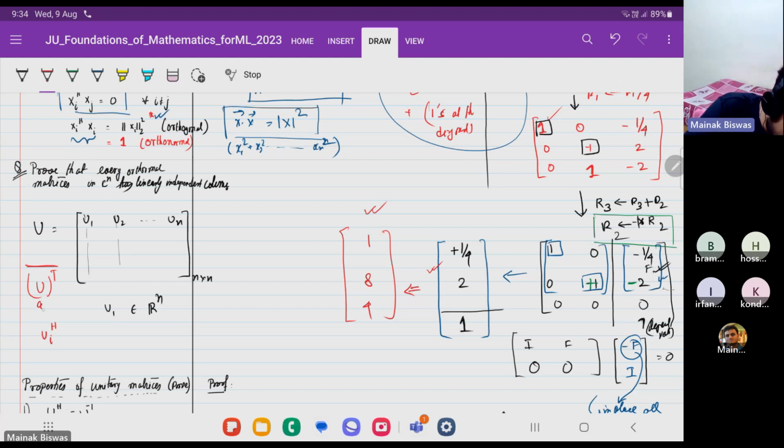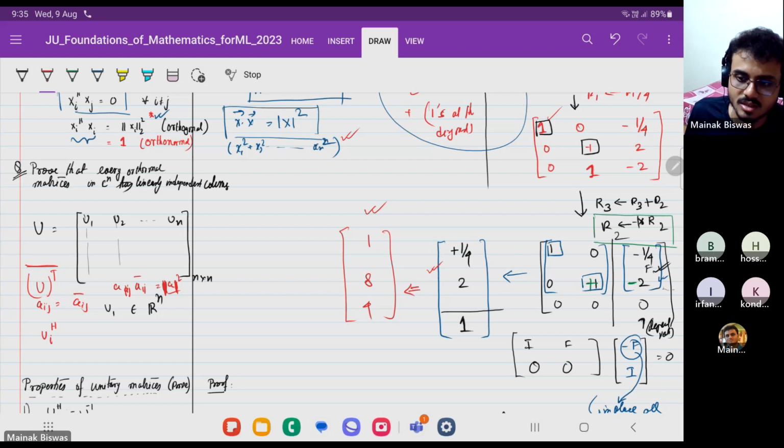That means Aij will be converted to Aij bar so that you can have the whole square forms, right? As we know, Aij into Aij conjugate is nothing but the mod square, which is not the case for real numbers, but in complex numbers we need to take the conjugate. Is that clear? Or do I need to go back again to complex numbers?